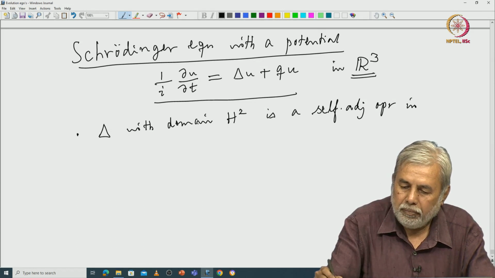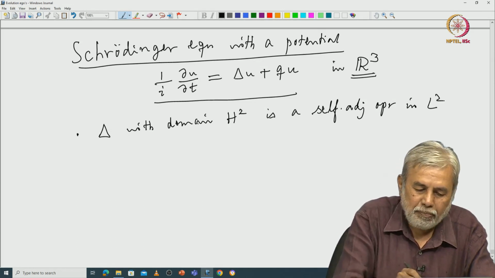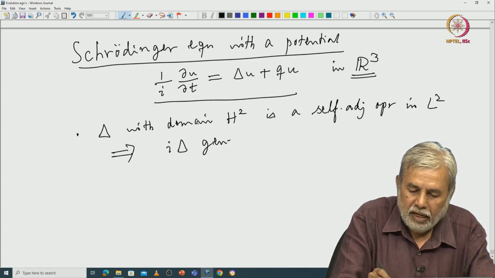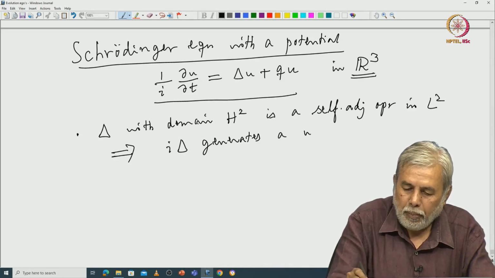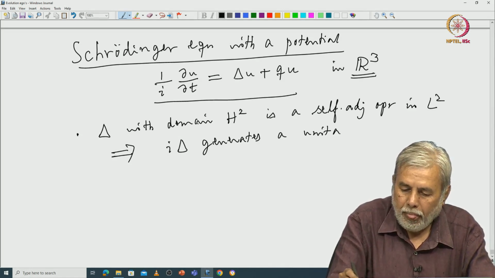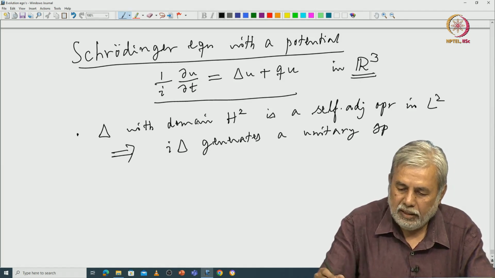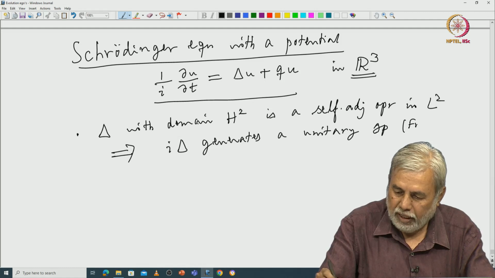That implies, by Stone's theorem, that i times the Laplacian generates a unitary group. That is the free particle, so there is no problem there.